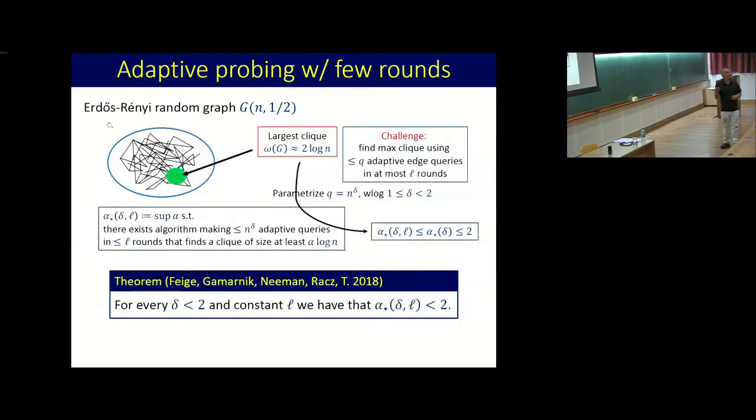While 2 log n exists with a constant number of rounds, where in each round you're given, say, only a linear number of queries or n to the delta queries, for some delta strictly less than 2, you cannot touch what you know exists. At least, I think this is a decent result. And this is the hard part in the paper.